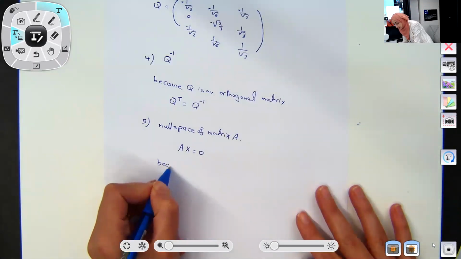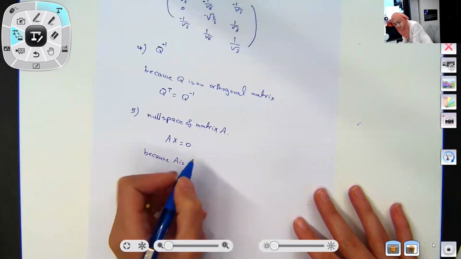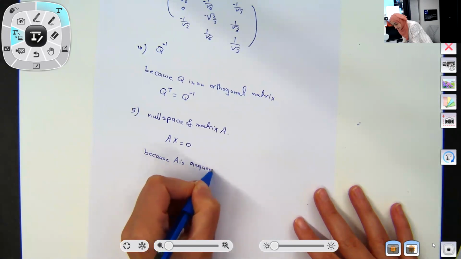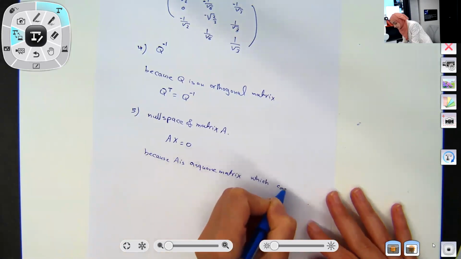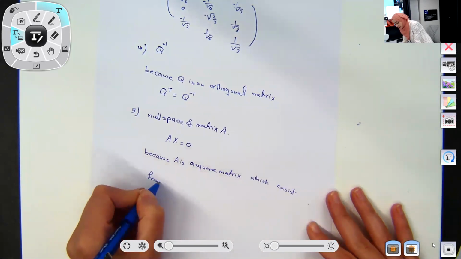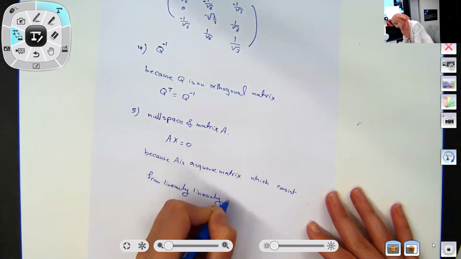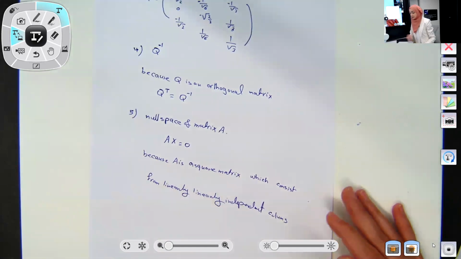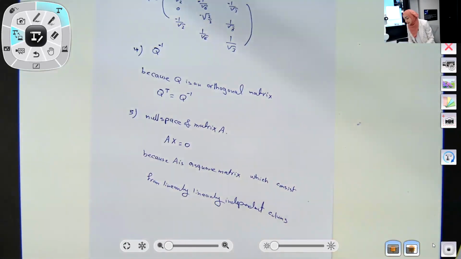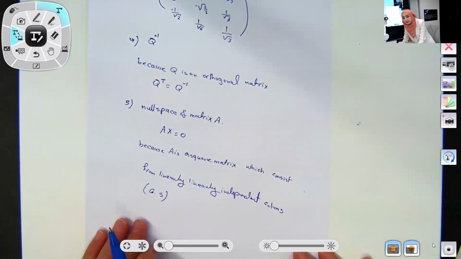Because the matrix A is a square matrix which consists of linearly independent columns. We showed that the matrix A consists of linearly independent columns from Gram-Schmidt.